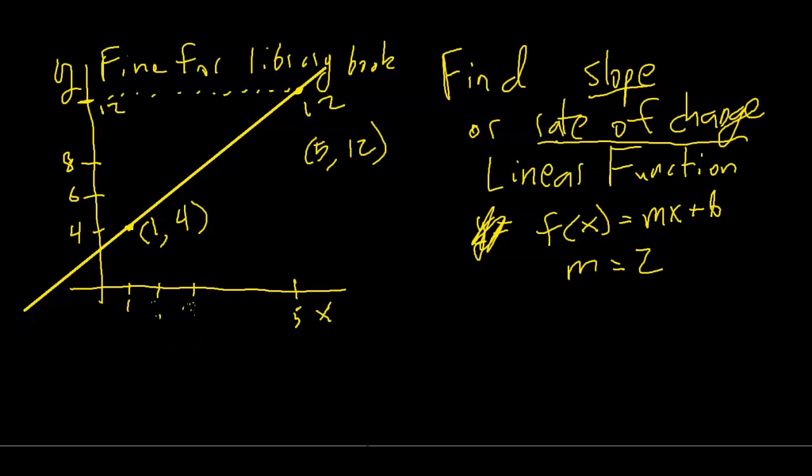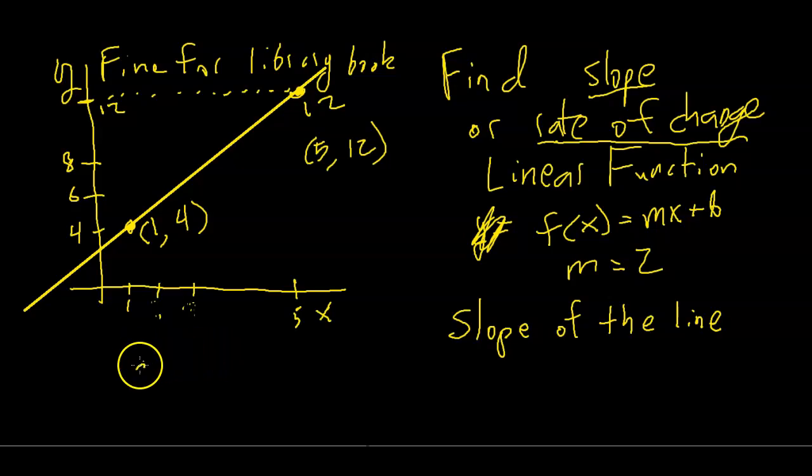Let me get my writing tool back. So we have 2 points. It's a linear function, so we can consider this a line, and to find the rate of change, we can find the slope of the line that we use to model this function, okay? And does everyone remember how we find the slope of a line?